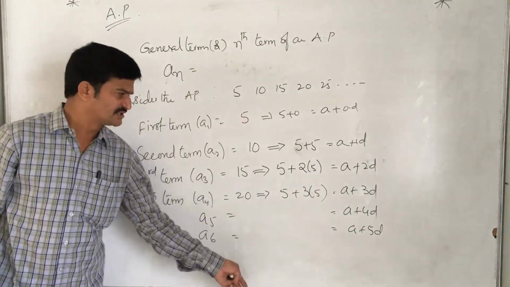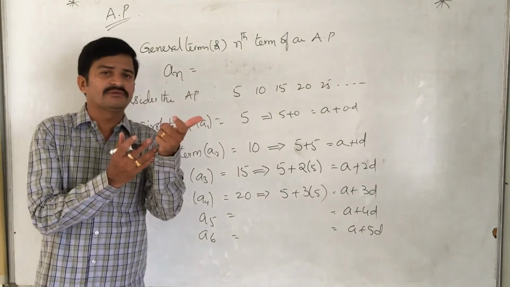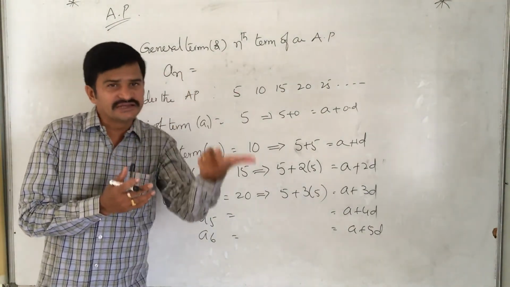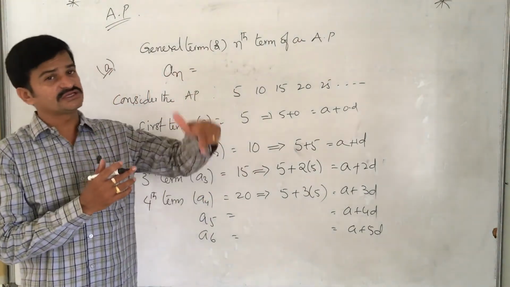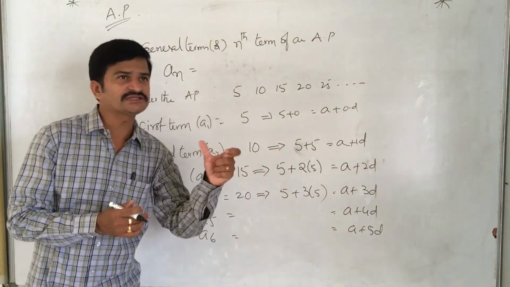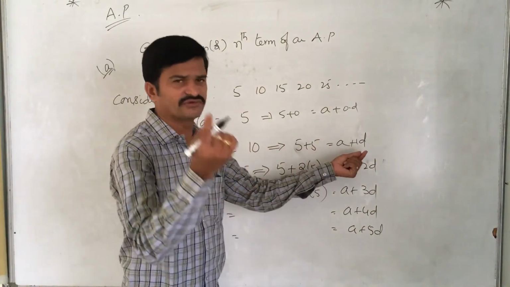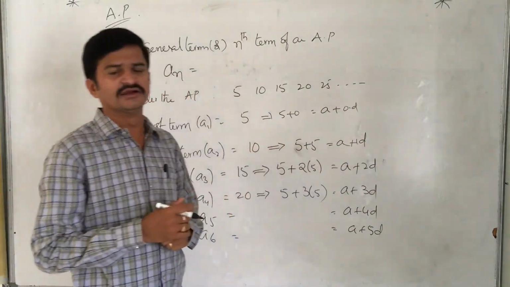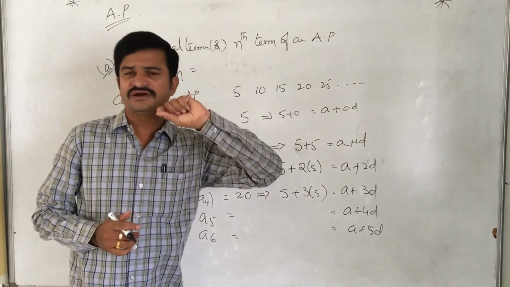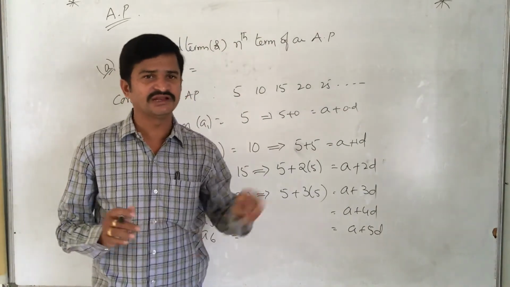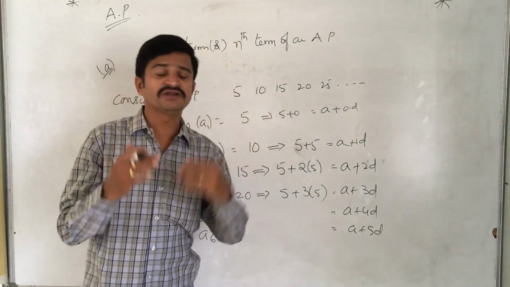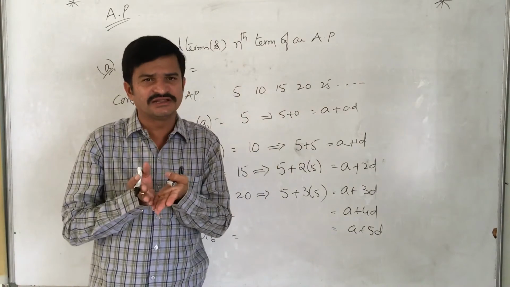You can generalize it. If you want to find the 100th term, it is A plus 99D. If you want the 1000th term, then you get A plus 999D. Just keep on subtracting one. Suppose anyone asks what is the 17th term of an AP in terms of A and D: A plus 16D. That's it.